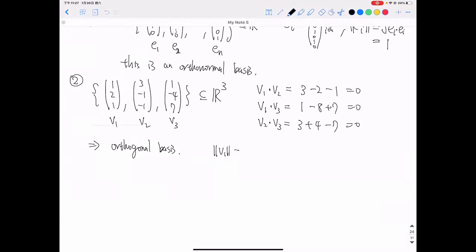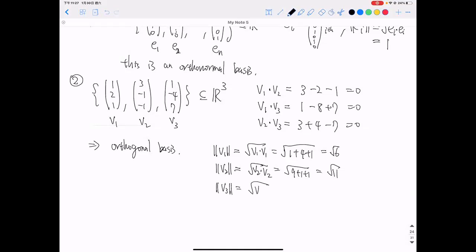Now, these vectors are not of length 1, because you can just check what the lengths of these vectors are. v1 dot itself is 1 plus 4 plus 1, so the length is the square root of 6. v2 dot itself is 9 plus 1 plus 1, that's 11, so the square root of 11 is the length of v2. v3 dot itself is 1 plus 16 plus 49, that's 66.